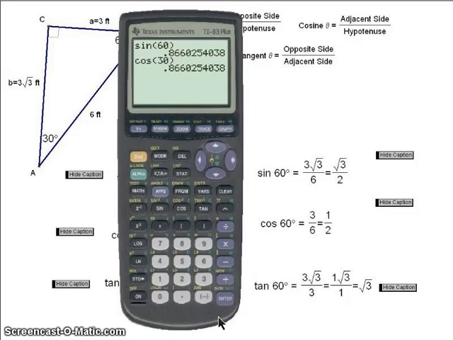What I want you to notice about your calculator, however, is that there is no cotangent button. There are no secant or cosecant buttons. You're going to have to wait for trigonometry to figure out how to do those on your graphing calculator. It's not very difficult. The cosecant is the reciprocal of the sine. So really all you have to do is, if someone gives you the cosecant, you turn it upside down and then use the sine button on your calculator.